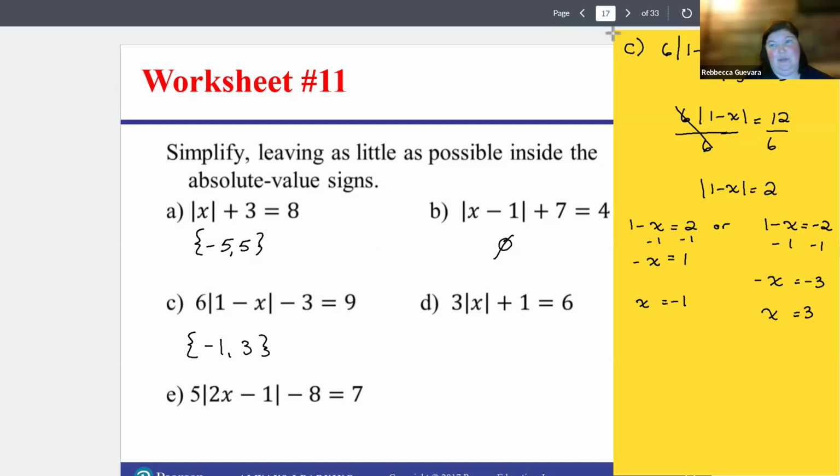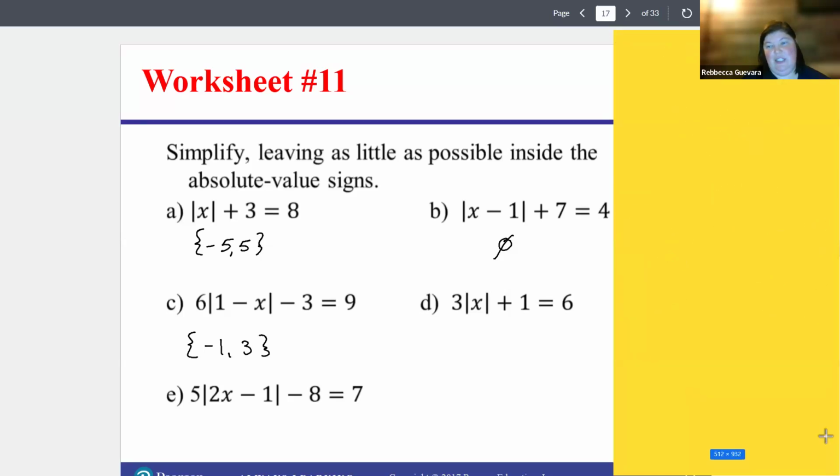So just hold on a second. I need to make room here for D. So for D, we have 3 absolute value of x plus 1 equals 6. First, we're going to subtract the 1, and then I'm going to have 3 absolute value of x equals 5.